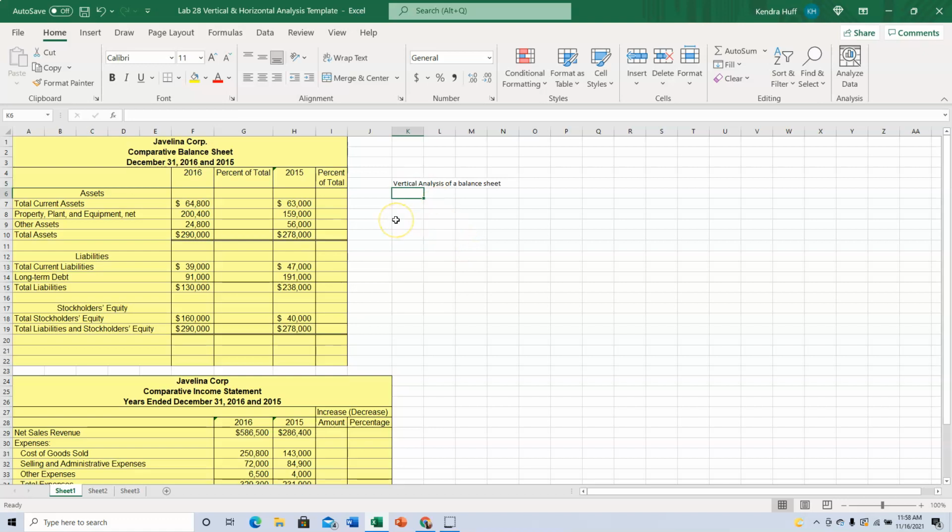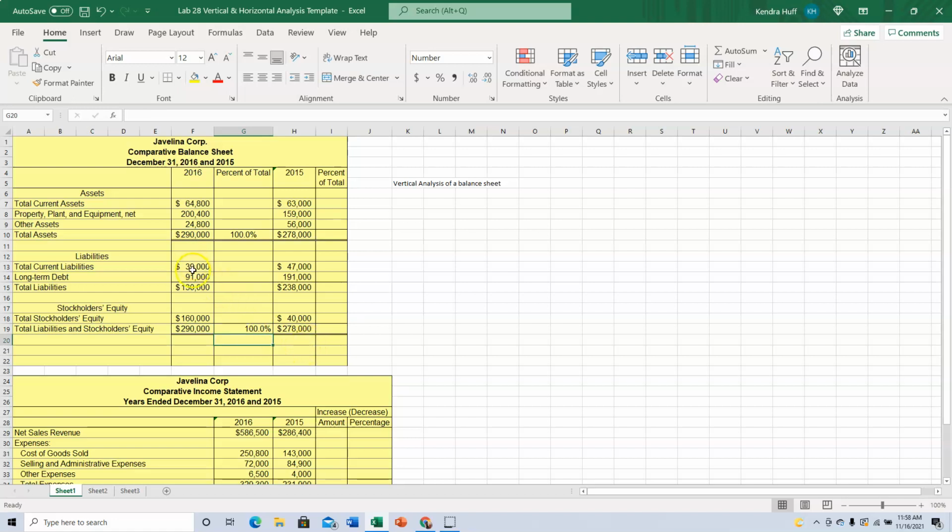Okay, so in vertical analysis, you're looking at just 1 year. It's vertical, so it's down the year, and everything is expressed as a percentage of a total. So in the case of a balance sheet, your total assets are 100%, and then your total liabilities and equity are 100%.